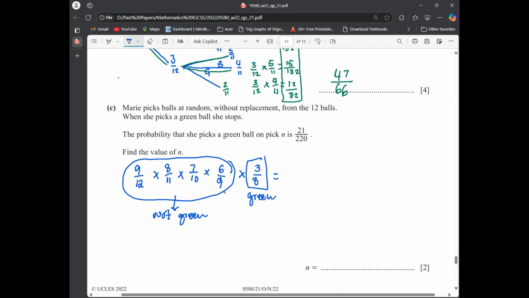If we then multiply all of those numbers using our calculator, we get 21 over 220. Interestingly enough, guys, that value there is that there. If you multiply all of those up, you'll get 21 over 220. So what is N? How many times does she have to pick the balls until the probability is 21 over 220? So that's going to be 1, 2, 3, 4, and 5. So N is 5.